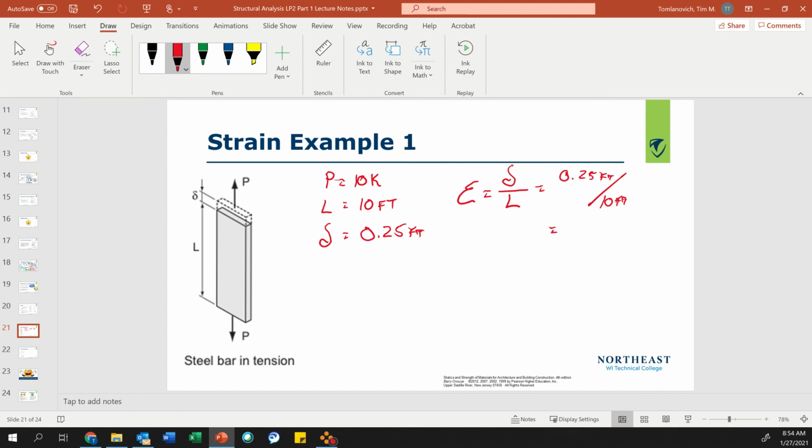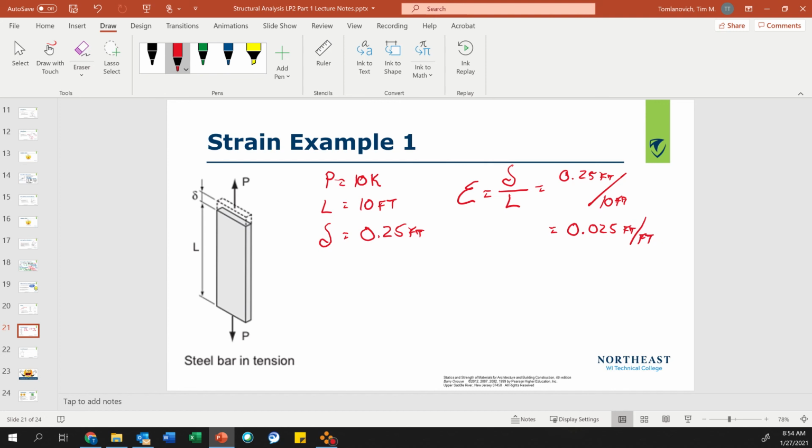So if I take 0.25 divided by 10, my strain is 0.025 feet per foot, and those cancel out.